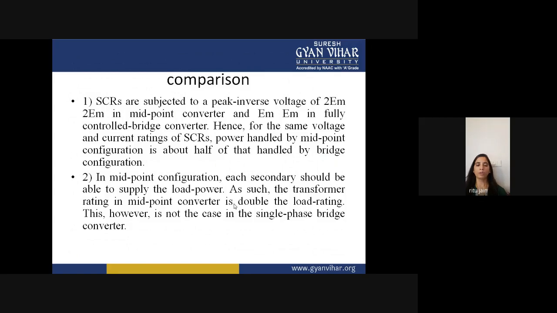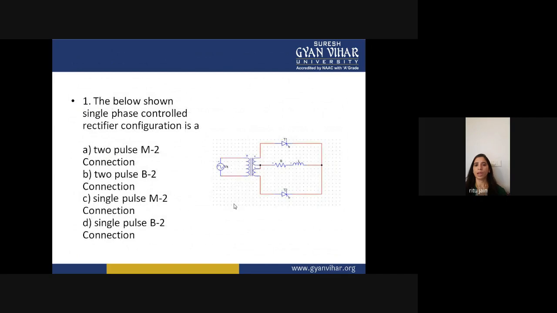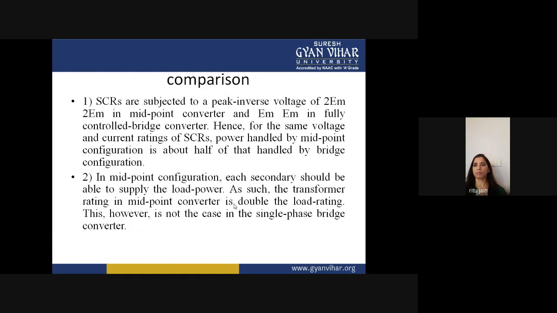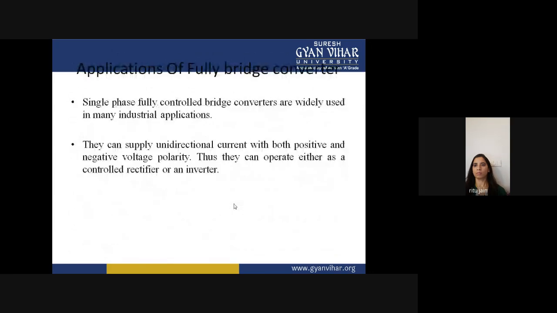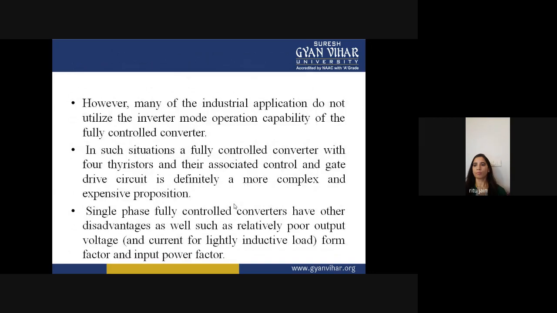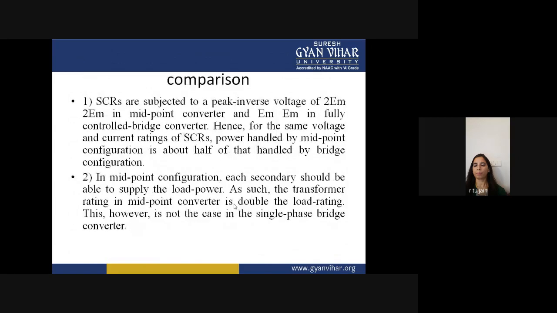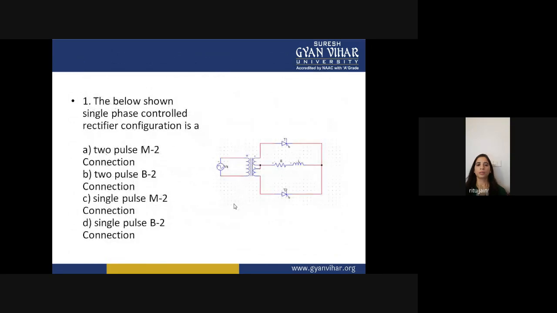So now I want to summarize this lecture. In the previous lecture we discussed the half wave controlled converter and uncontrolled converter. In an uncontrolled converter we were using a diode.